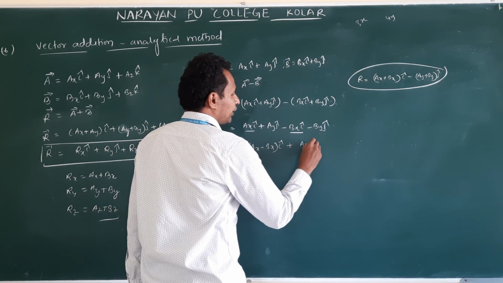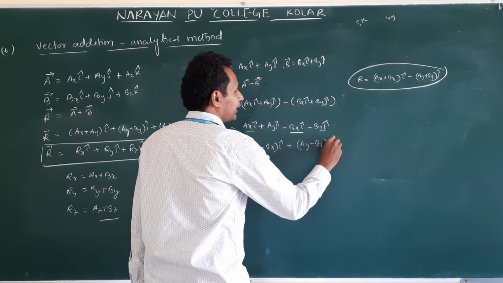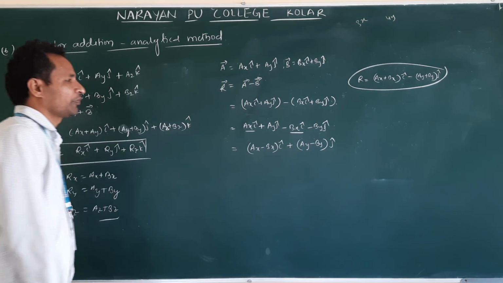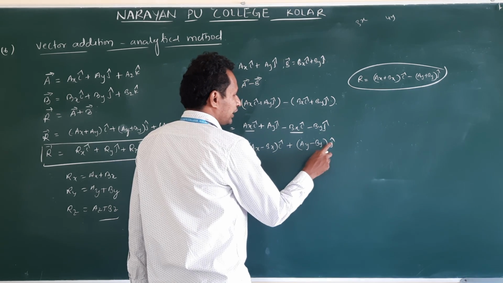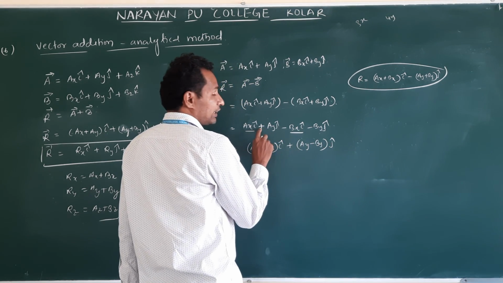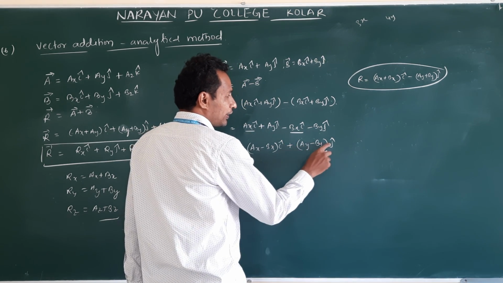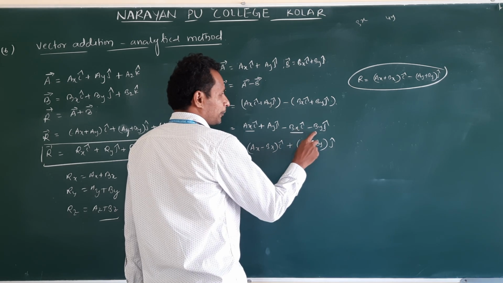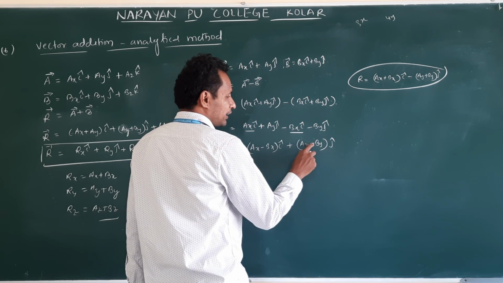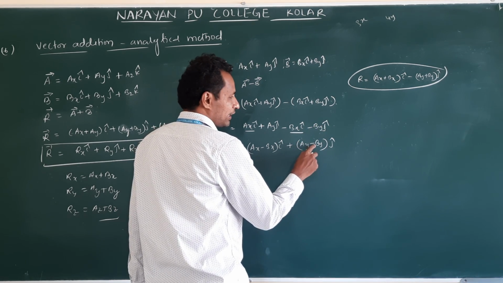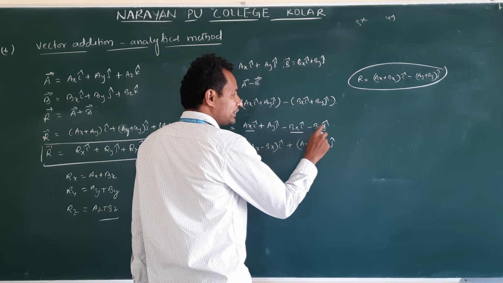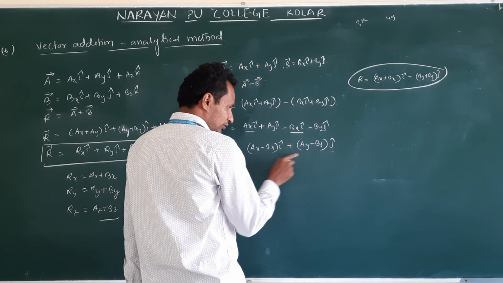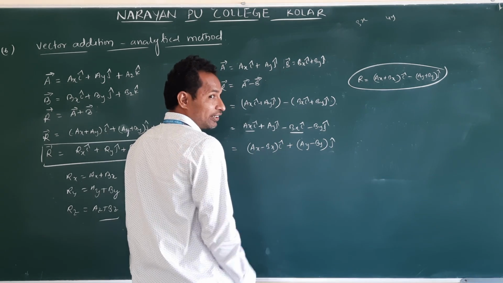What do you get? Ay minus By j cap. Understand? If you multiply, here there is plus Ay j. Next there is By j, so plus into minus is minus, minus By j cap. Nothing wrong, right, in this way.